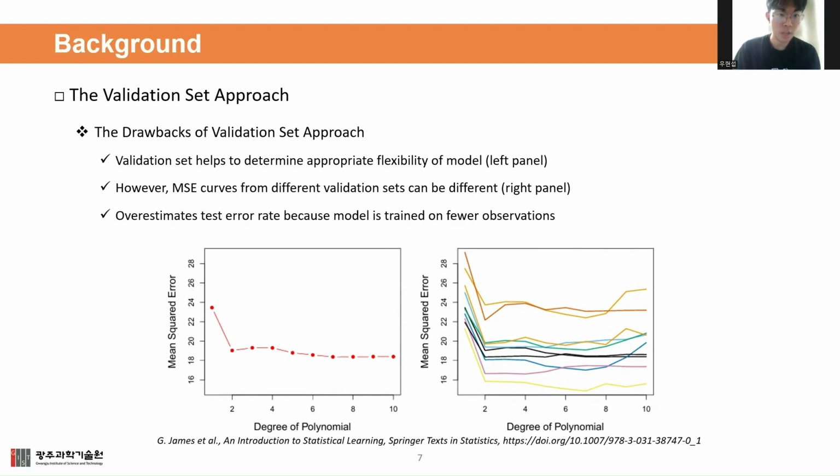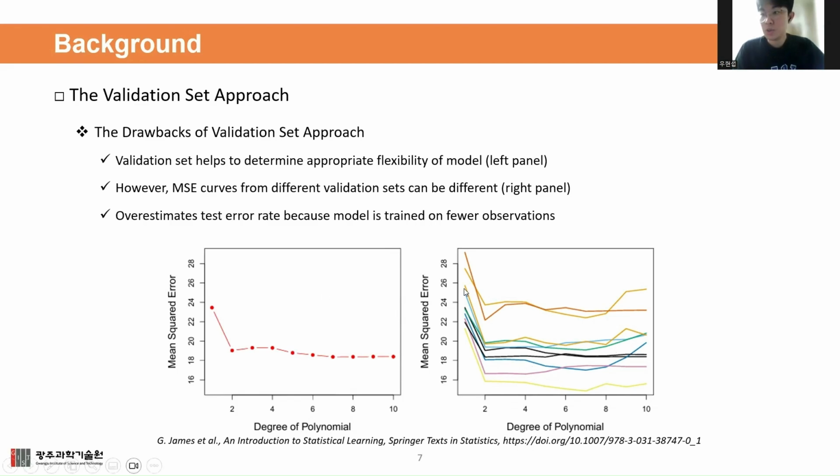As I told you before, we can determine the appropriate flexibility of the model, but on the right side, you can see the results can be very different depending on the split of the validation set.